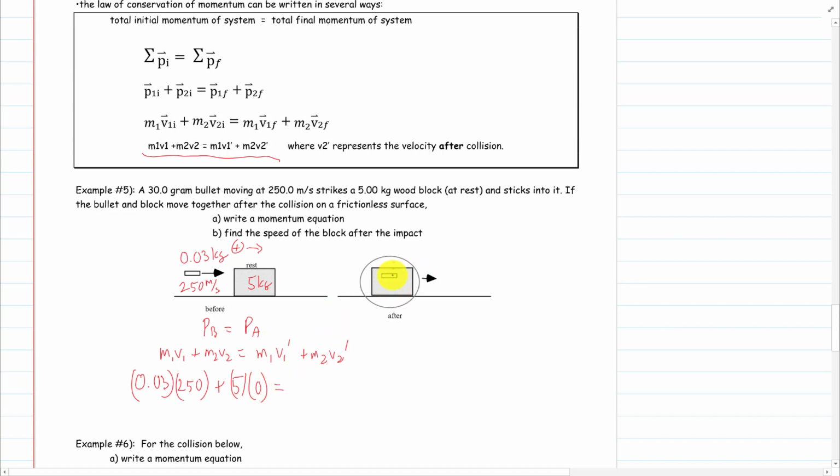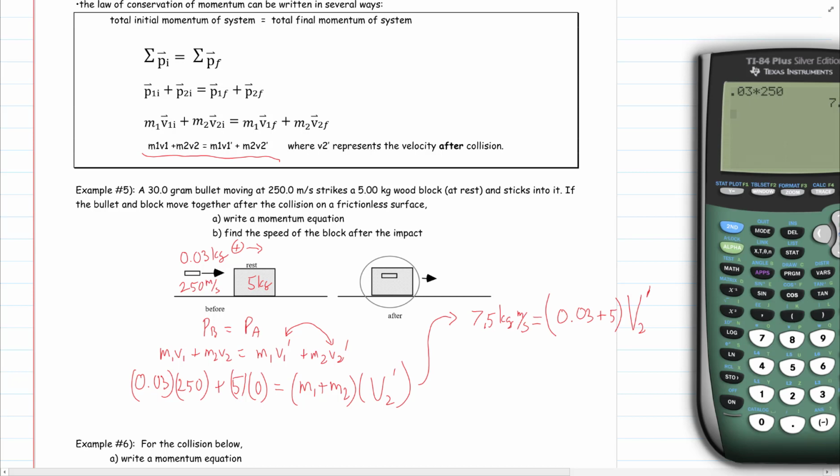And now they're kind of stuck together into one. It's almost like one object. This velocity and that velocity are going to be the same because it's the same object. So if that's the case, I'm just going to go m1 plus m2 times the velocity. And that equals 7.5, that's 0.03 times 250.